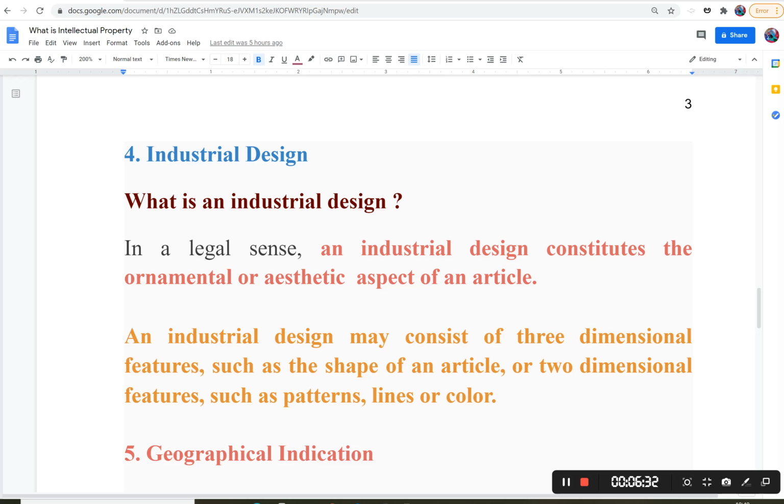And an industrial design constitutes the ornamental or aesthetic aspect of an article.